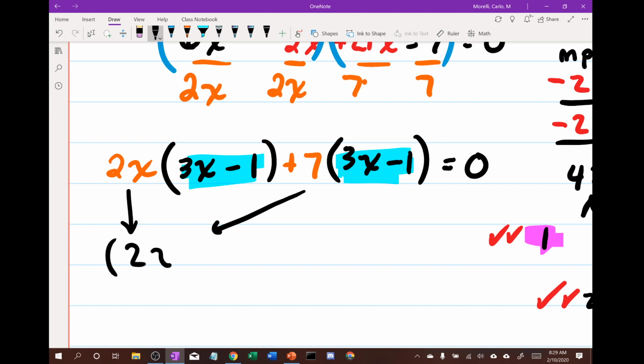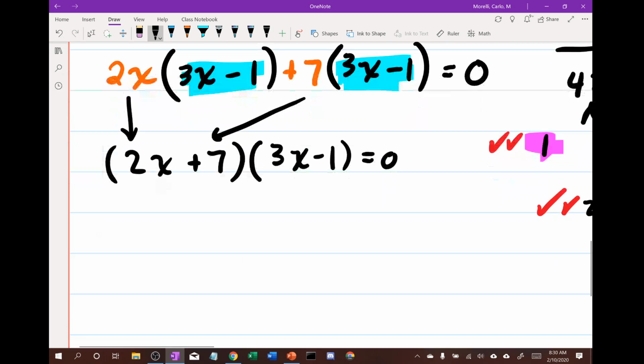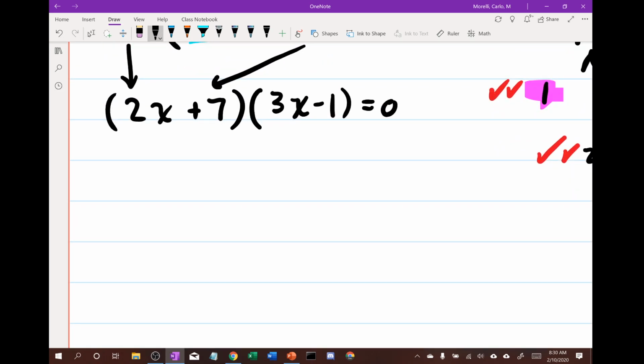So that would be 2x plus 7 times 3x minus 1, that other binomial pair, equals 0. And now we are one step from the finish line. Ready? Set both factors equal to 0 and solve for x. I'm going to let you do this because you need to be able to do this.